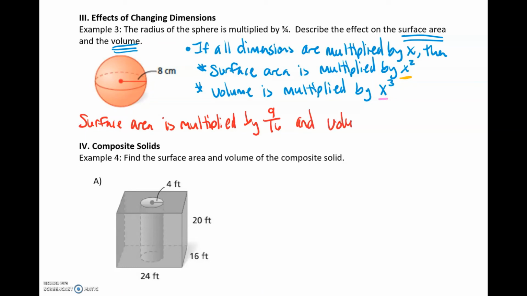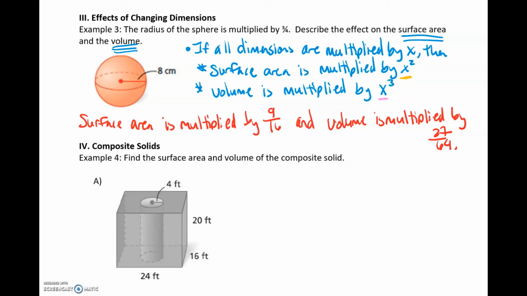And volume is multiplied by 3/4 to the third power, so 27/64. And that's it. If you want to calculate it, you could try to do new divided by old to find the factor, but I think it's pretty straightforward to just use these rules.